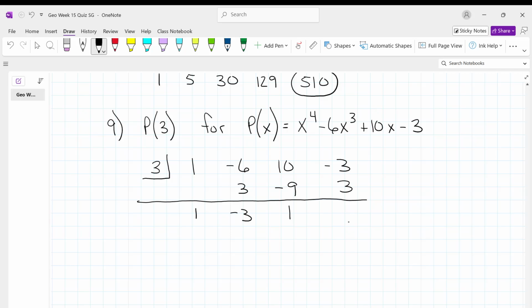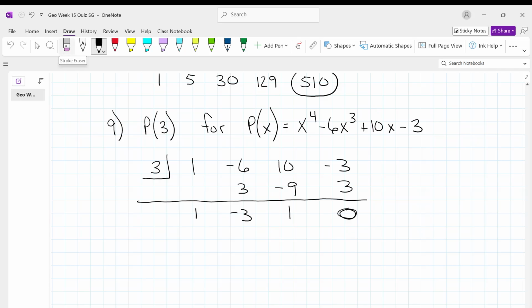Negative 3 plus 3 is 0. Okay, so we can't do that, all right? If you take 3 and raise it to the 4th and subtract 6 times 3 cubed, you're not going to end up with 0.